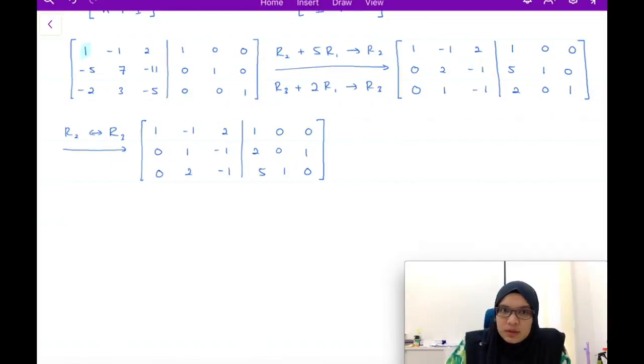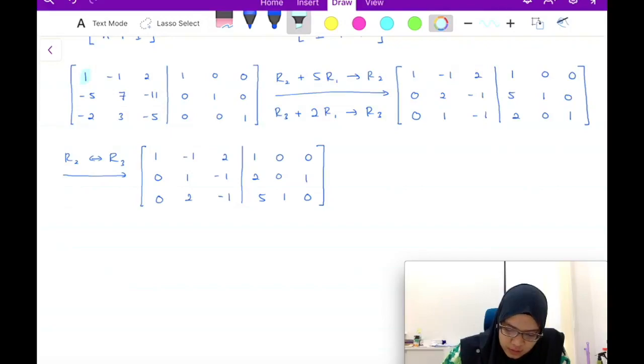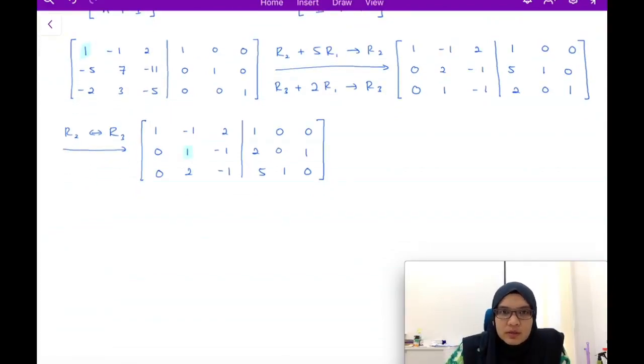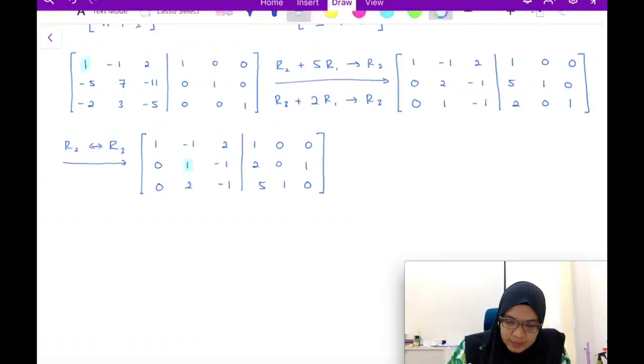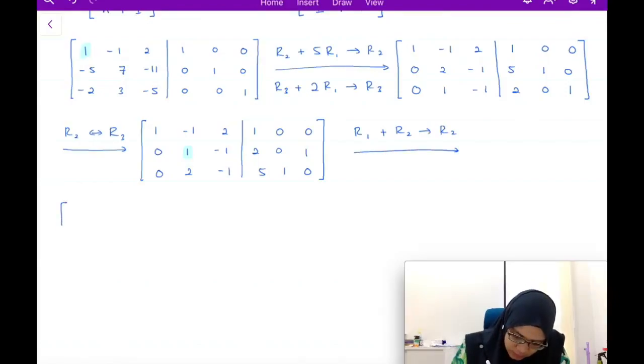Since this is already in its pivot position, we need to reduce row 1 and row 3 so that the entries above and below the pivot position are 0. We take row 1, add row 2, and apply that to row 1.